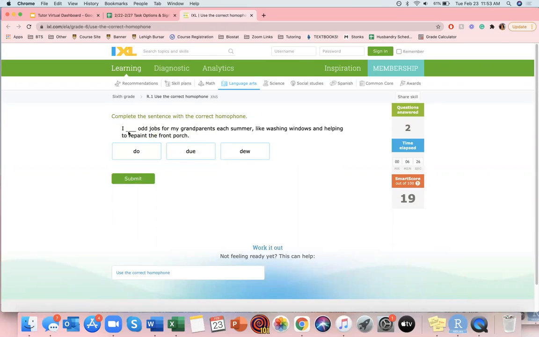Okay. I blank odd jobs for my grandparents each summer, like washing windows and helping to repaint the front porch. So it would be do, due, or dew. So do would be the verb to do something. Due in this spelling means that something is due. So for example, if you have an assignment that is due tomorrow, this is the form that you would use.